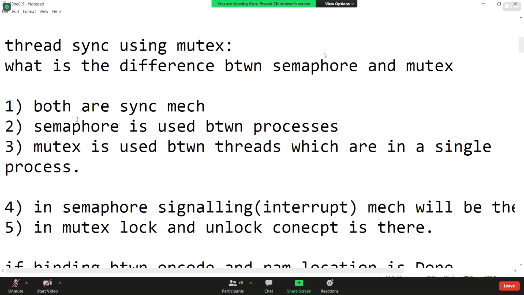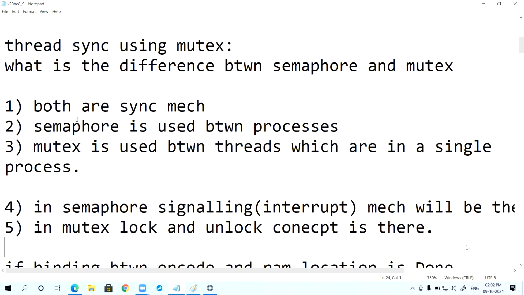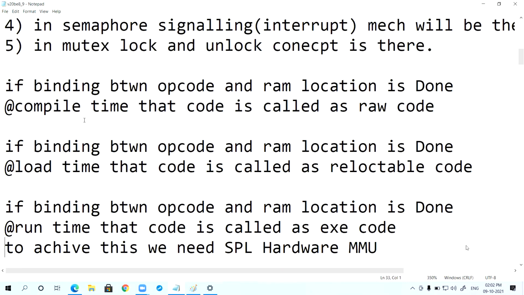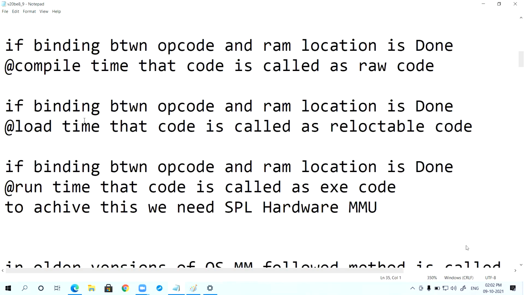We were trying to understand why we require synchronization between the threads, and what is the difference between a semaphore and a mutex. After that, we started thinking about the concept of memory management.